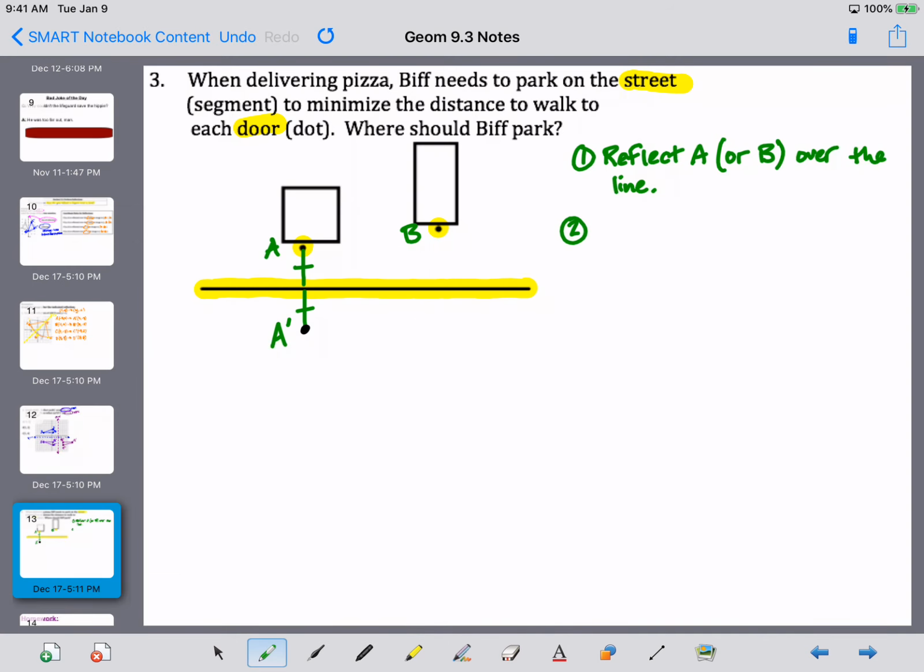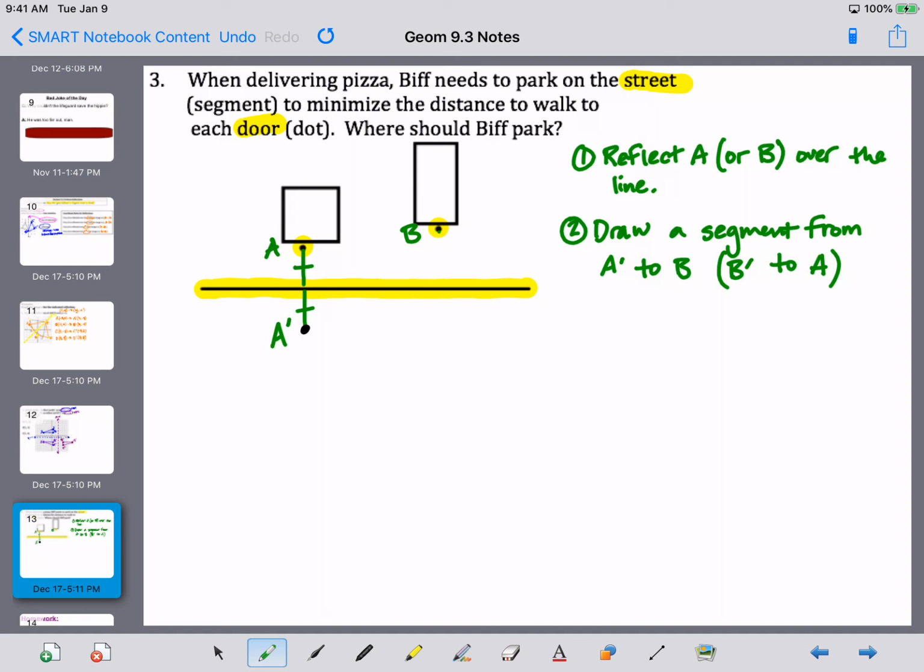Our second step is going to be to draw a segment from A prime to B. And if you would have picked B in the first step, it would have been from B prime to A, depending on what point you flipped over.